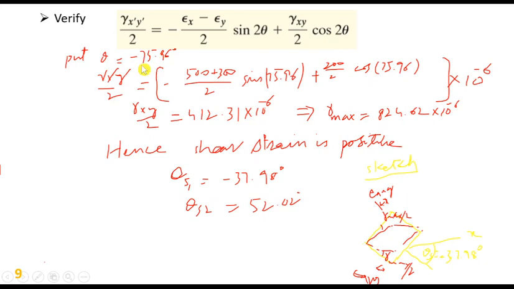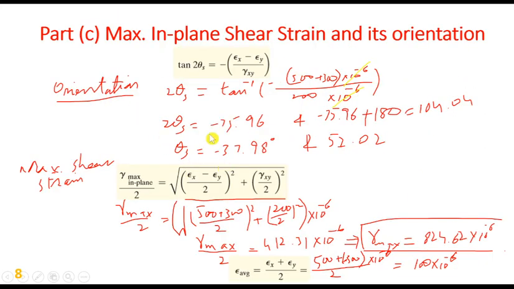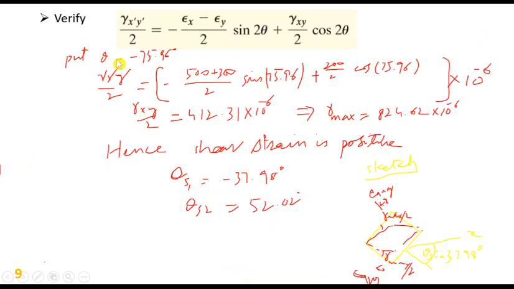Put in this angle, this 2 theta I have put here, so this is 2 theta, 75.96 degrees, and you will get this result, and this result will show as positive. So at this orientation, theta s1 of minus 37.98, the shear strain is positive, and that is shown here.